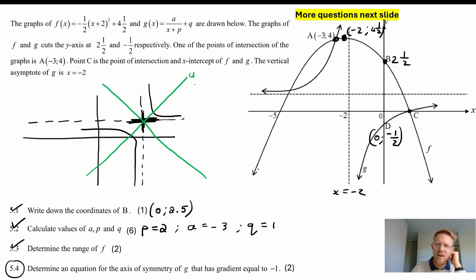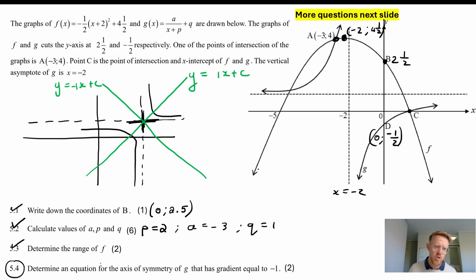Now, they are straight lines, so it's y equals mx plus c and y equals mx plus c. But something we must remember is that the gradient of this one is always 1, and the gradient of this one is always -1. Okay, and they always go through this point.